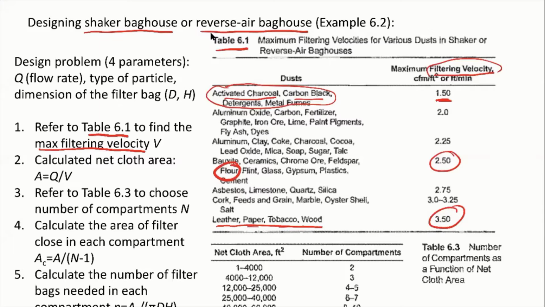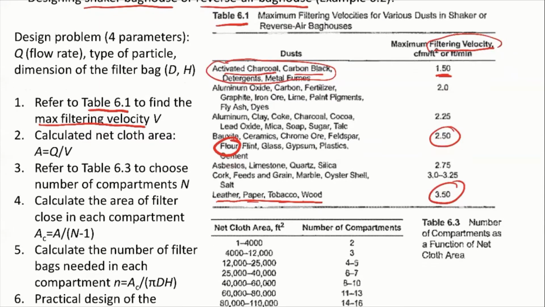Okay, so we find that for the flour particles, we can identify its maximum filtering velocity, right? In general, for any industrial plant, it will give you the total flow rate of the flue gas, right? If you know the phase velocity, then you can easily divide the flow rate by the filtering velocity to calculate an area.